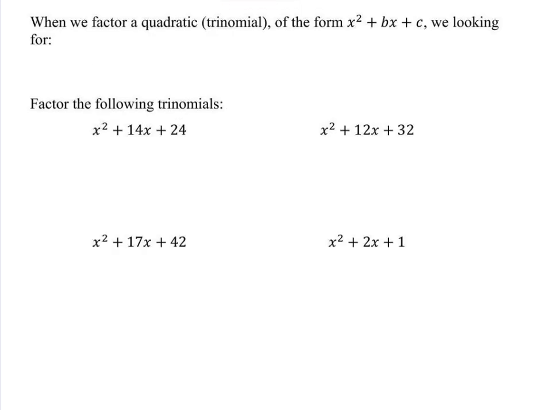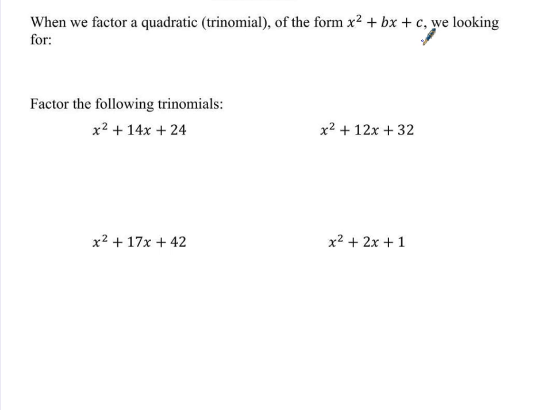So the official thing that we have to say is when we factor a quadratic trinomial of the form x squared plus bx plus c, what's missing here? The a. Actually it's not missing, a is 1. As long as there's a 1 in front of the x squared term, as long as a is 1, then we have x squared plus bx plus c.